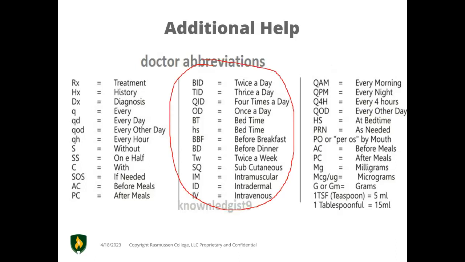So it's probably not a bad idea to know what those are, probably make some flashcards for them, because things like BID, TID, and QID are something you'll see very, very often. As well as QD, which means once a day, and then different types of injections. So you have your subcutaneous SQ, intramuscular IM, intradermal ID, or intravenous IV.